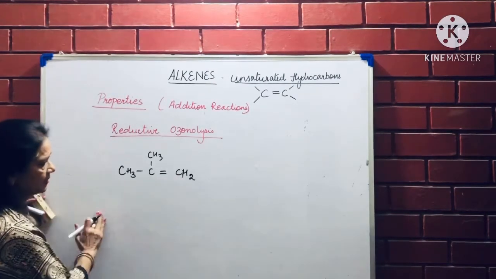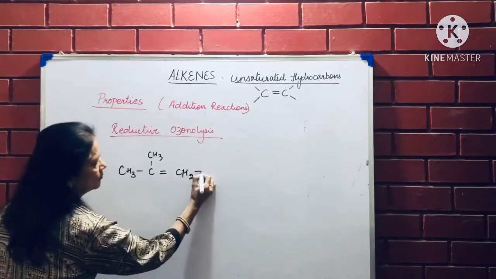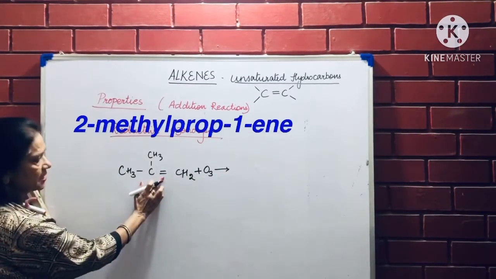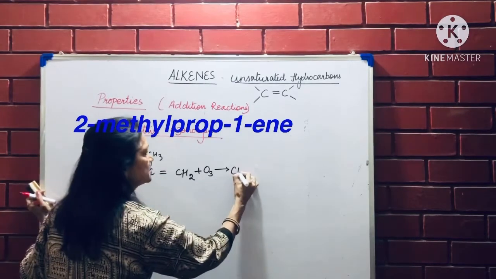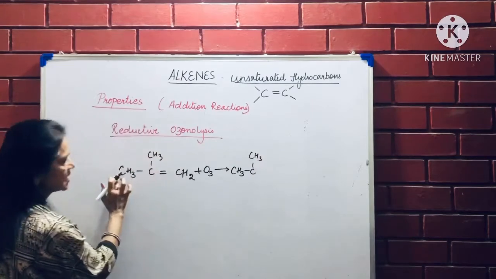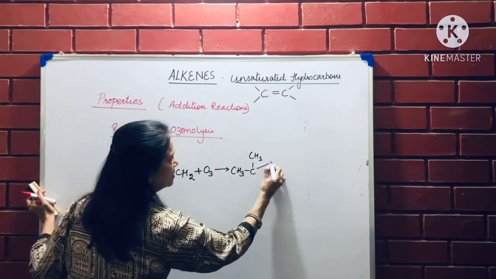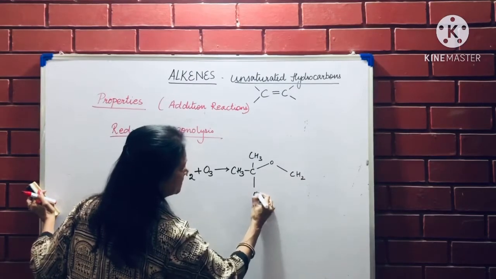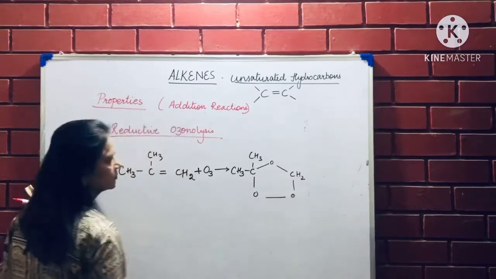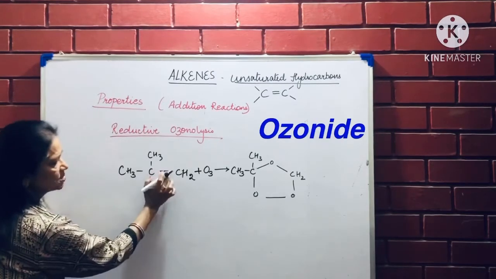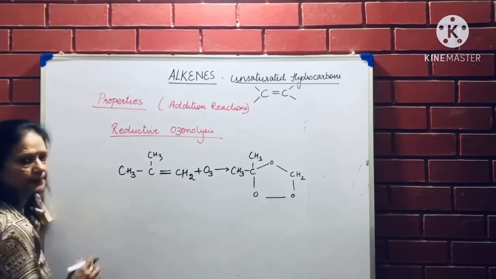So this is an alkene. If I'm reacting with ozone, I'll have to put the hut at this point. So I'll write CH3CCH3, this as such. Then a hut here. I hope you understand. I have put oxygen atoms between these 2 carbon atoms, right?